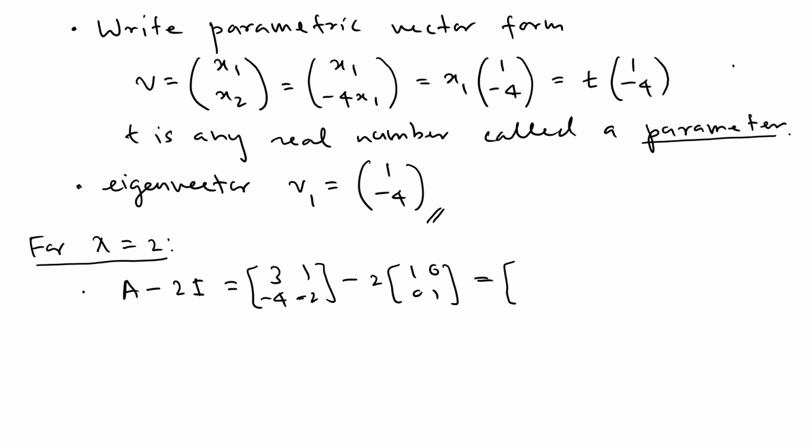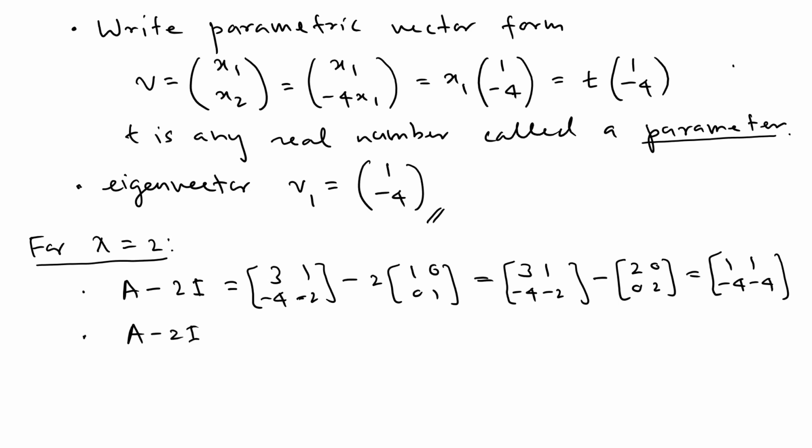We're going to get 3, 1, negative 4, negative 2, minus 2, 0, 0, 2. If you subtract, you're going to get 1, 1, negative 4, negative 4. Now we can write the augmented matrix A minus 2I augmented with 0.